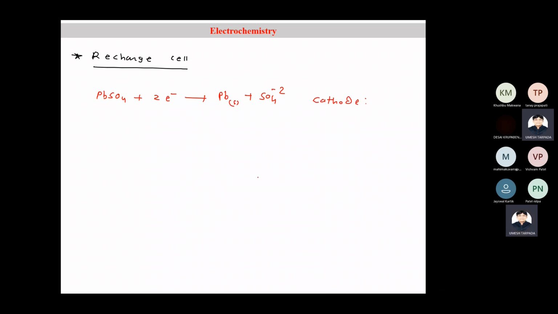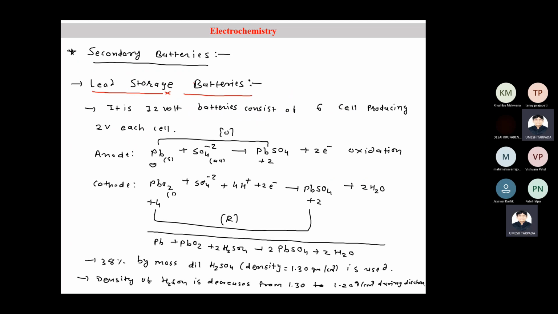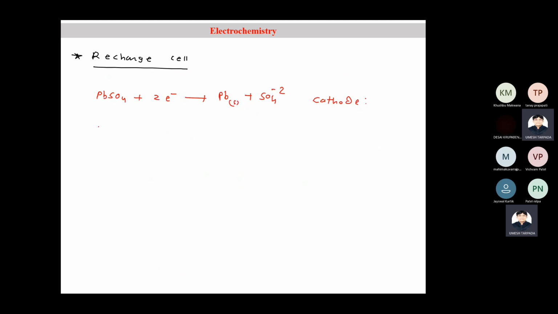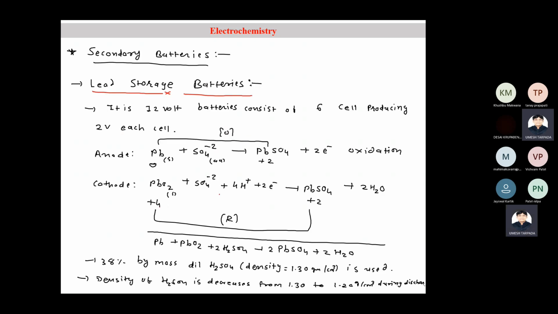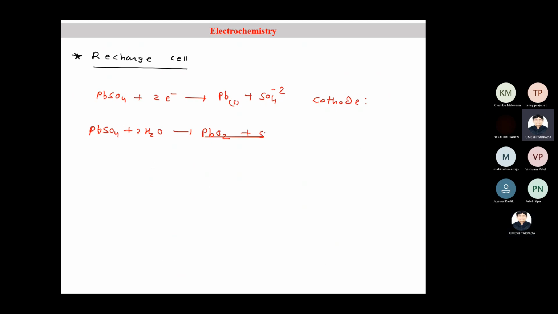Now your anode becomes cathode and cathode becomes anode. In the second case, the product is PbSO4 plus 2H2O, and the reactant is PbO2 plus SO4 minus 2 plus 4H plus. This takes place at the anode.